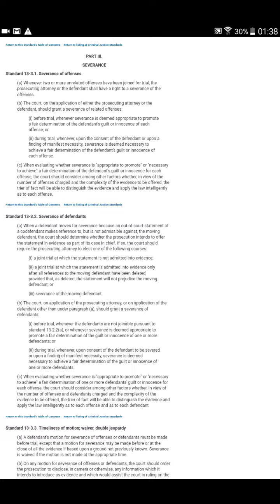Section B, the court on the application of either the prosecuting attorney or the defendant should grant a severance of related offenses, Section I, before trial whenever severance is deemed appropriate to promote a fair determination of the defendant's guilt or innocence of each offense, or Section II, during trial whenever upon the consent of the defendant or upon a finding of manifest necessity, severance is deemed necessary to achieve a fair determination of the defendant's guilt or innocence of each offense.